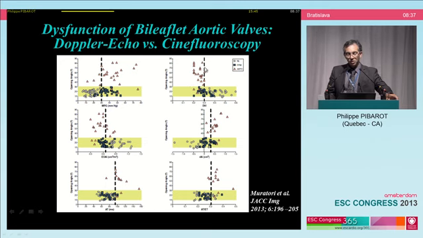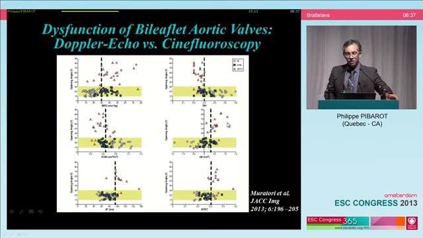With the DVI, the Doppler velocity index, this is better, but still you have a substantial number of patients who are false positive. And then, in this study, the two best parameters to identify valve dysfunction were again the acceleration time divided by ejection time, and also, interestingly, the difference between the EOA measured in the patient and the predicted effective orifice area, the predicted normal reference value of effective orifice area.